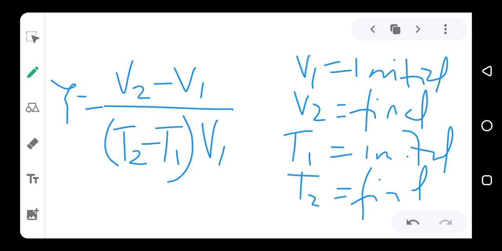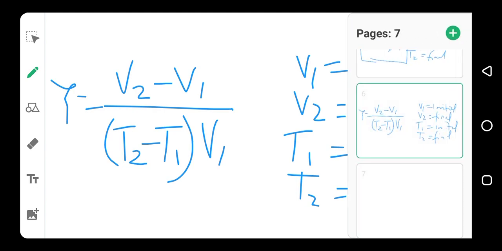Now let's look at some examples of expansion. Let me solve this example. Example 1.